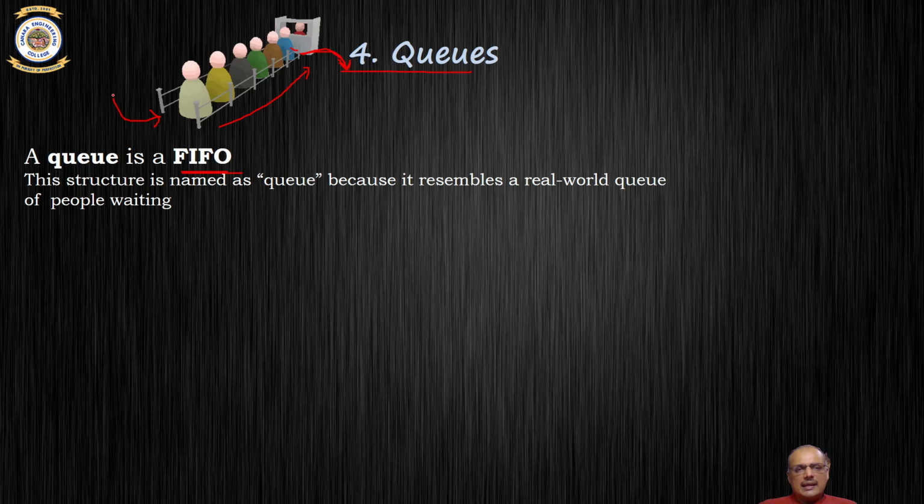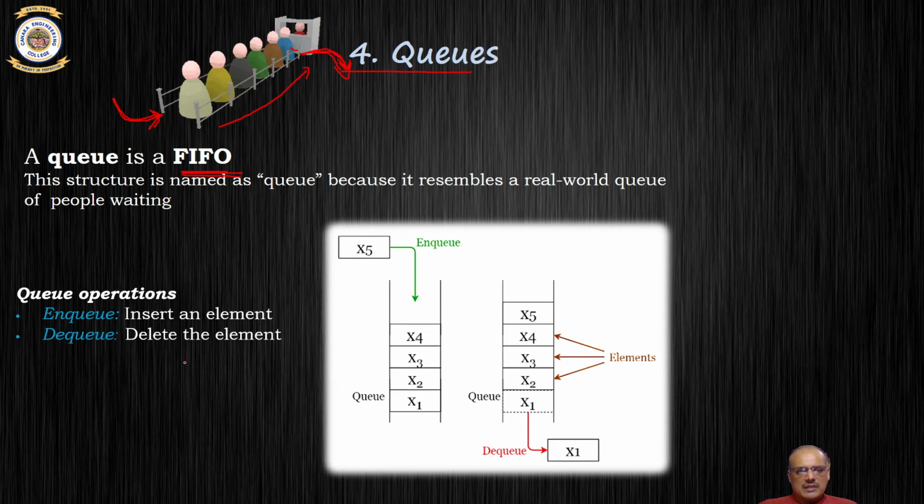In a stack, insertion and deletion happen at the same point, whereas in a queue, insertion happens at the back and deletion happens at the front, and that is why it is called first in and first out.